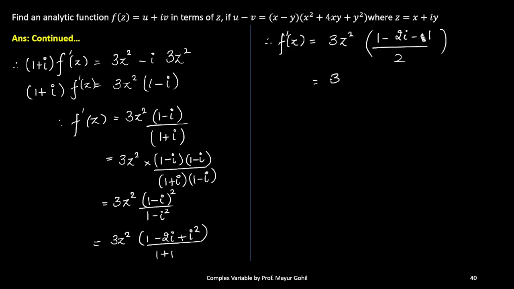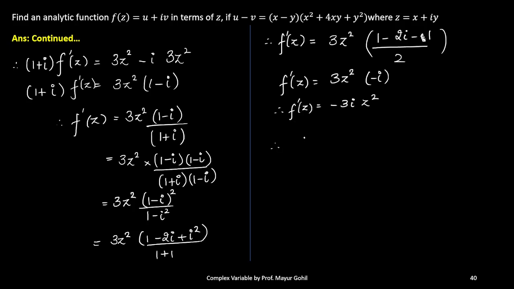So that is 3z square into minus i. That is your answer for f dash of z. So that is minus 3i z square, f dash of z as the answer.